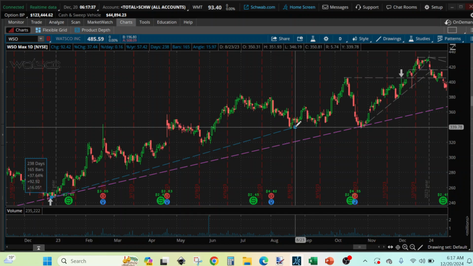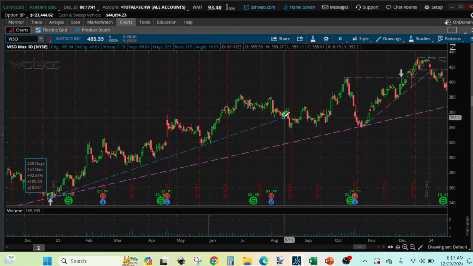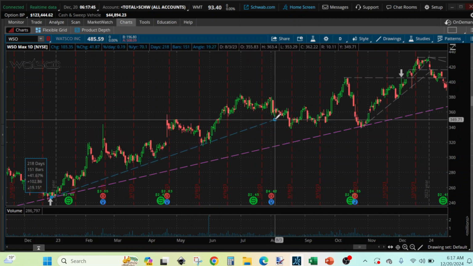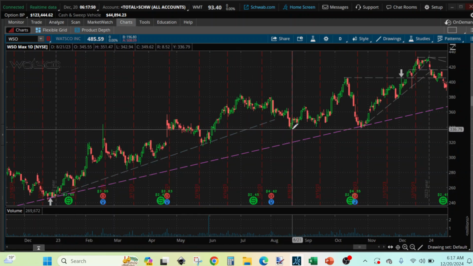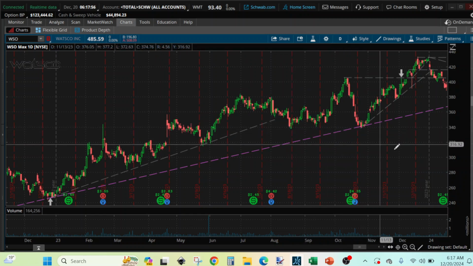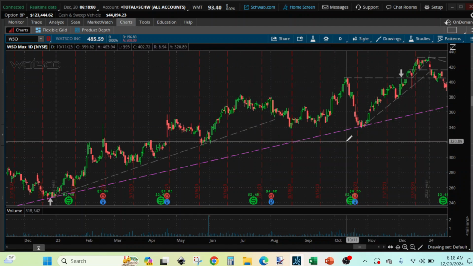So if I do this, I'll be touching, okay, so pretty much it is a zone in some way, and from here we have this one traced already.